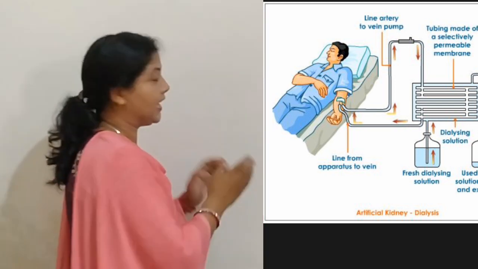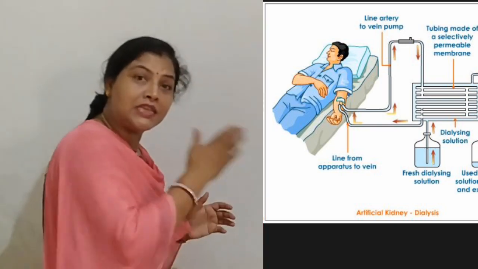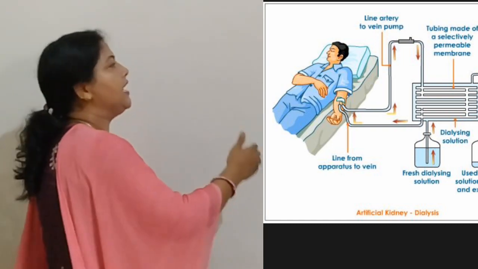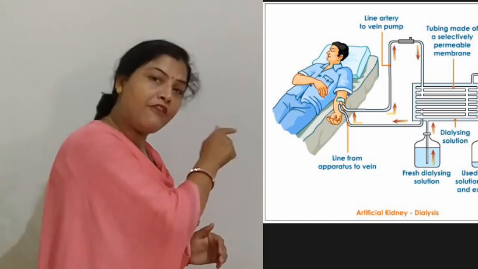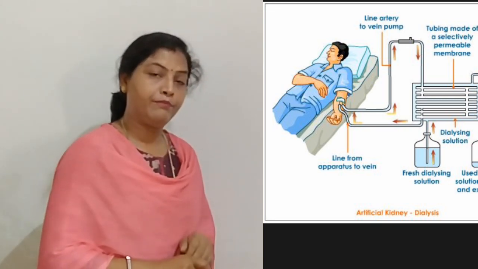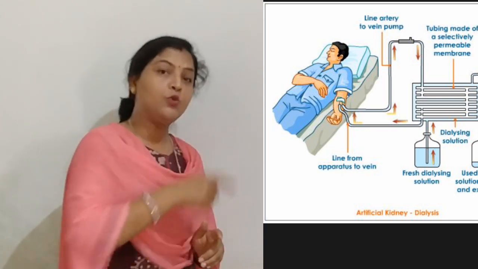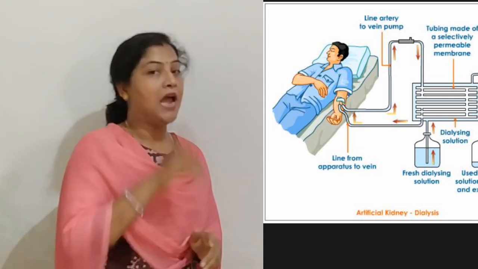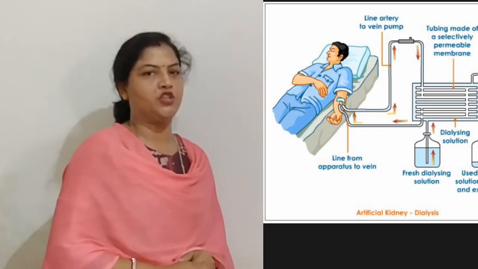Thus gradually it gets purified by the series of diffusion, and then it is sent back to the same femoral vein, and this femoral vein opens into inferior vena cava. In heart you have read it, inferior vena cava for purification.